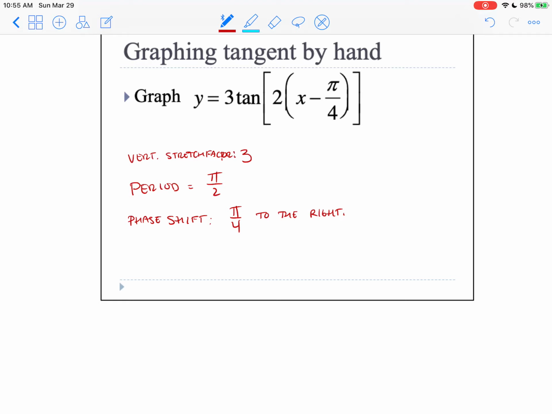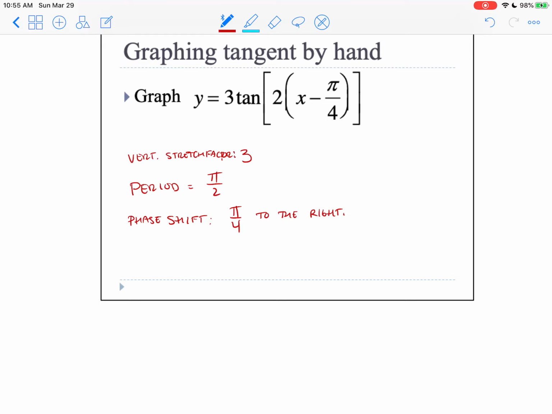So the distance between those vertical asymptotes is smaller. And we're moving to the right a little bit. And so I can't just say that the negative pi over 2 has been moved pi over 4 to the right and is now at negative pi over 4, because not only has my graph shifted to the right, but it's also shrunken its period.